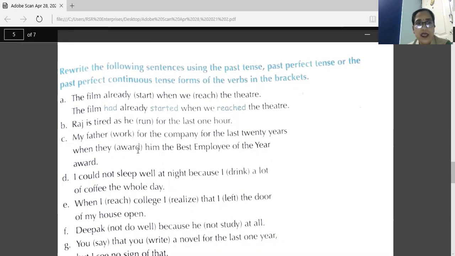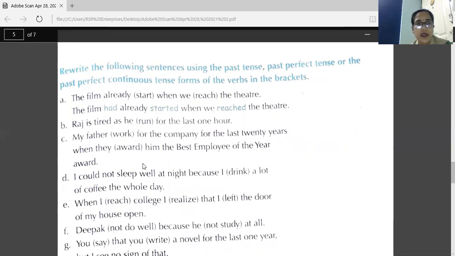My father worked for the company for the last 20 years when they awarded him the best employee of the year award. My father had been working for the company for the last 20 years when they awarded him the best employee of the year award.